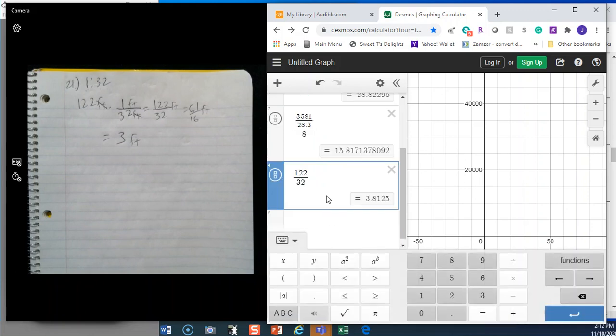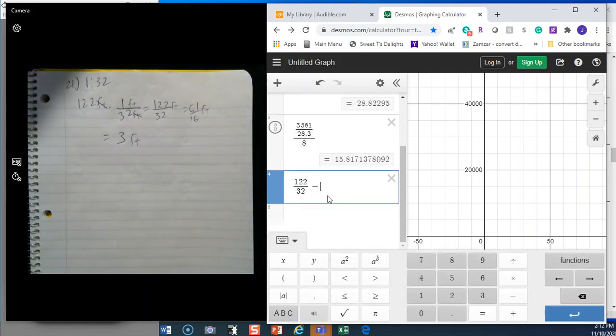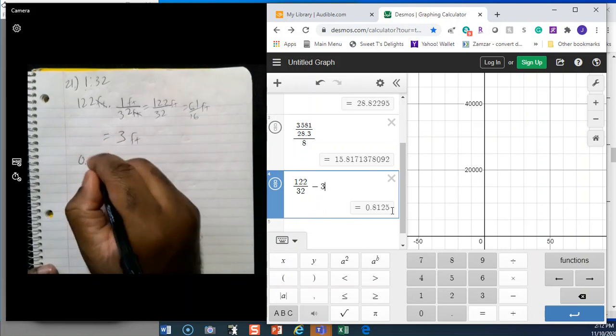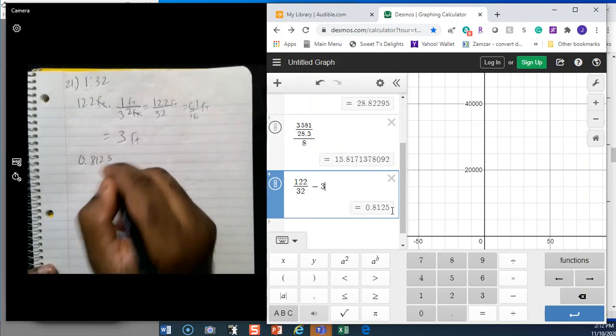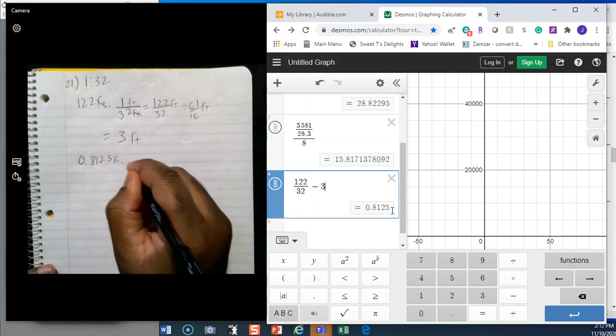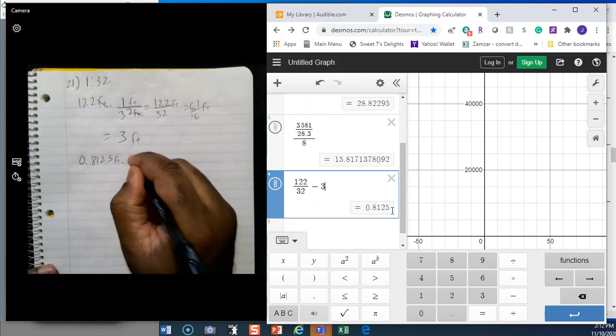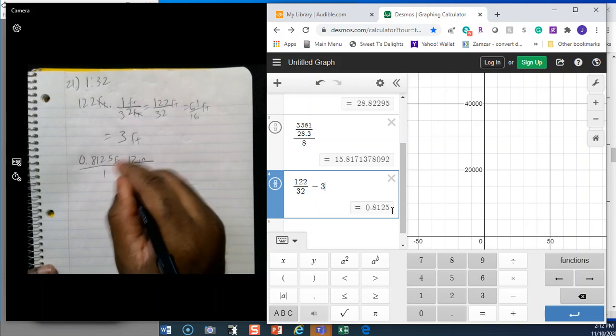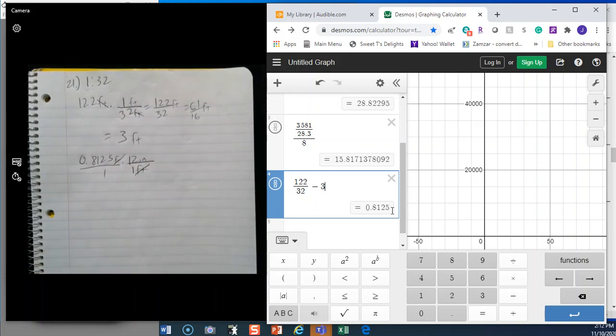So what we could do, we could subtract 3 because we got rid of the feet. Now we want to change these feet here to inches. So we want to take this 0.8125 feet and make that into inches. Well, we know it's 12 inches in 1 foot. So the feet would simplify each other out.